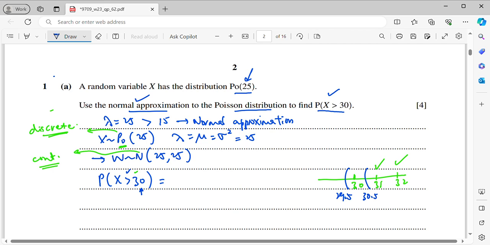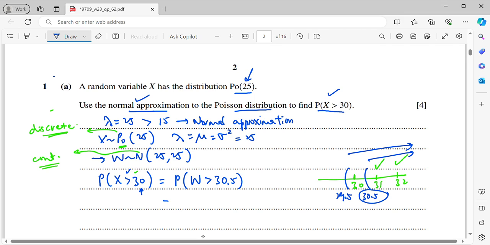Since this is greater than, we have to consider the region towards the right side. From this number line, we need to choose 30.5 to include the two ticks in green, which means I have to solve P(W greater than 30.5).